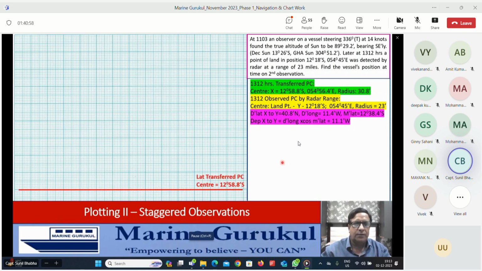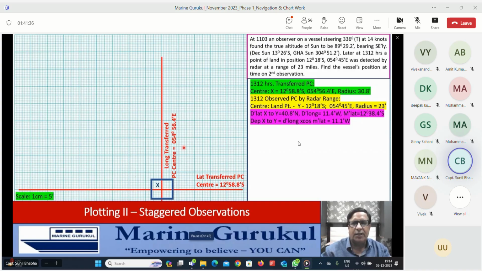First, we have this latitude of X, that is the center of the transferred position circle. We have the longitude of X. Obviously, this point is the point X. And what is point X? It is the center of the transferred PC. Now, using a suitable scale, we have taken 1 centimeter representing 5 miles, because distances involved are slightly larger, like 23 miles and 30 miles, and therefore the scale is 1 centimeter to 5 miles.